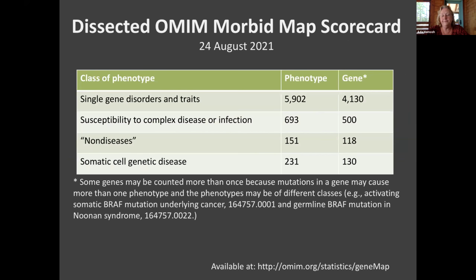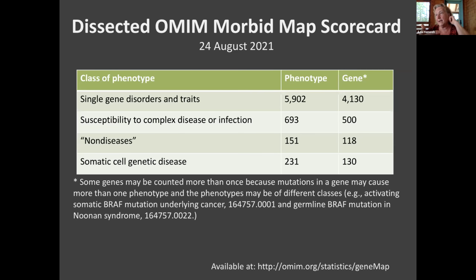Then we divided those phenotypes more finely, so that people would have no ambiguity about what we were including here. And so there's single gene disorders and traits, and by traits that could be something that's, let's say, eye color, hair color. It could be rolling your tongue, things that aren't disorders at all. And then susceptibility to complex disease or infection would include, like, breast and ovarian cancer due to BRCA1 or BRCA2.